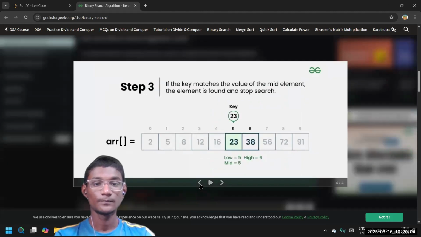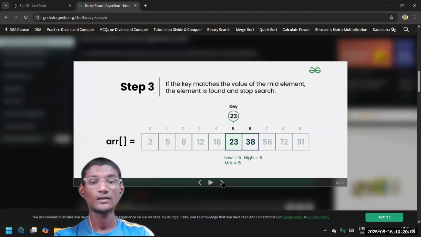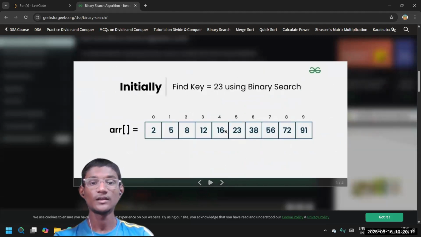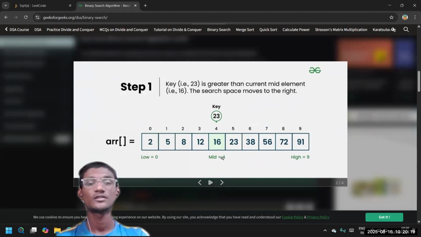They have given a key value, 23, here. First of all, find the middle value, that is 0 plus 9 by 2, which is nothing but 4. We should take the integer value only. The value 16 is less than this key, right? We should then go to the right side.